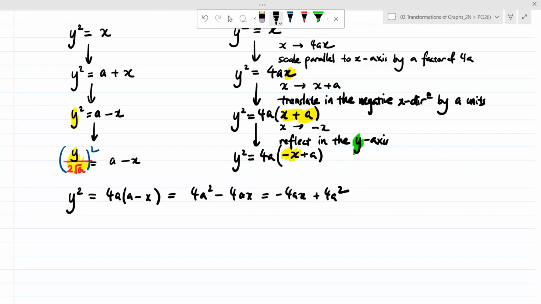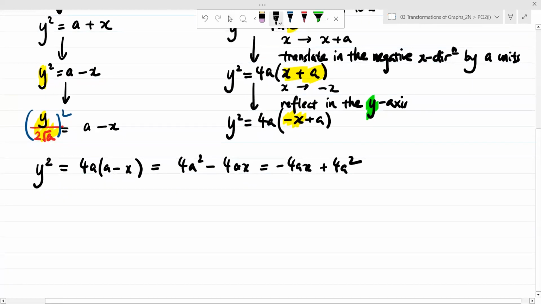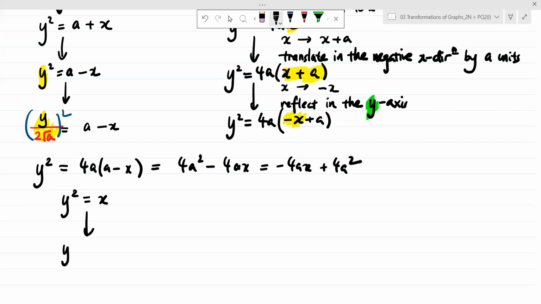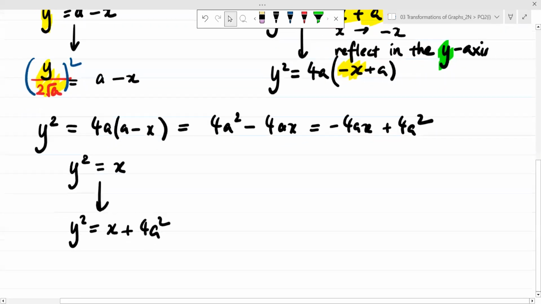So you can translate first. But if you want to translate first, you should translate by 4a squared units. So you sure you want? You can, you have to make sure you expand first.